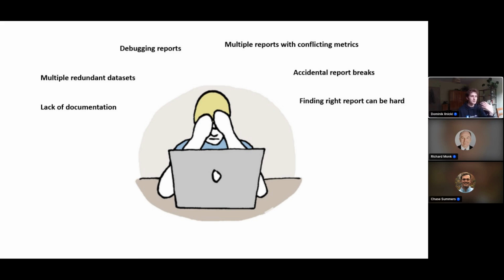And these people, their main concern is, can I trust this data? In bigger organizations, when you have thousands of reports, thousands of data sets, it's really hard to keep track of everything. So there are lots of redundant data sets, redundant reports, duplicated metrics, even conflicting metrics.